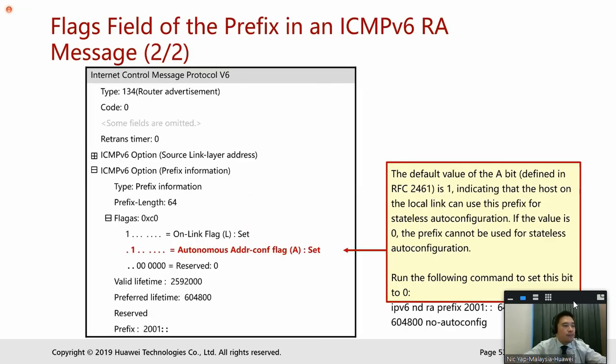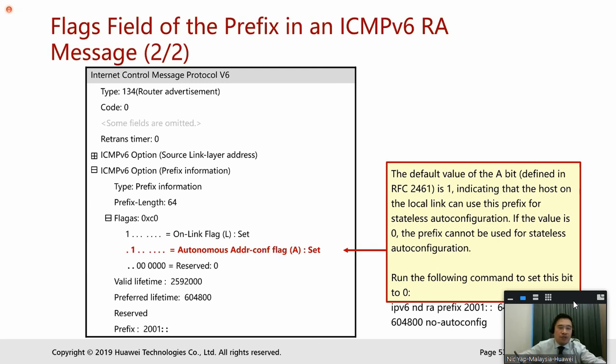And this is the default value for the autonomous address config flag. The A bit over here is 1 by default and indicates that hosts on the local link can use the prefix for stateless auto configuration. If the value is 0, the prefix cannot be used for stateless auto configuration.